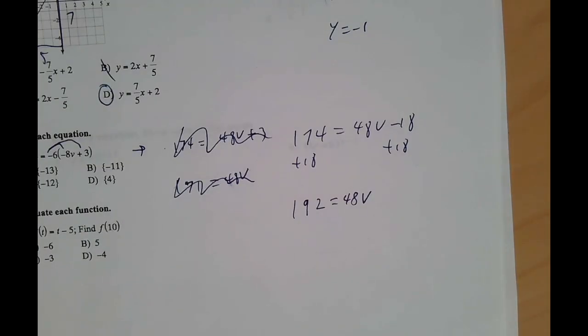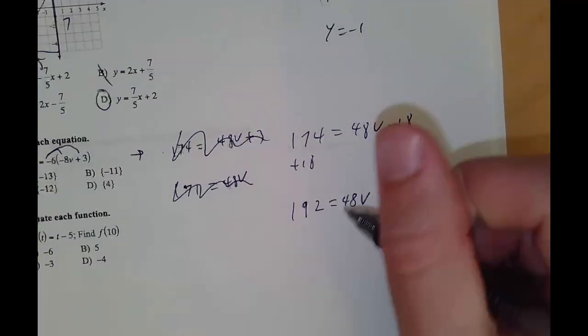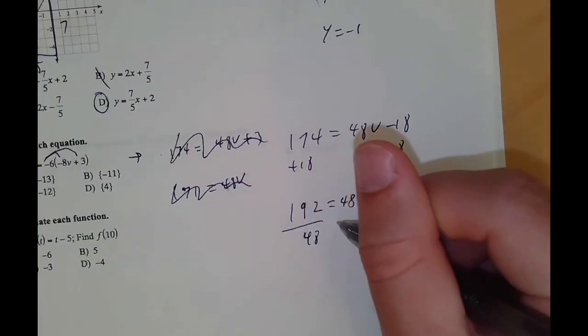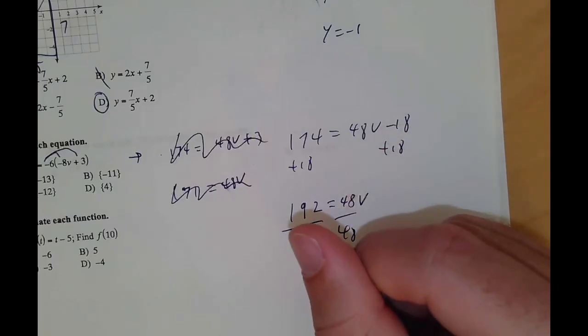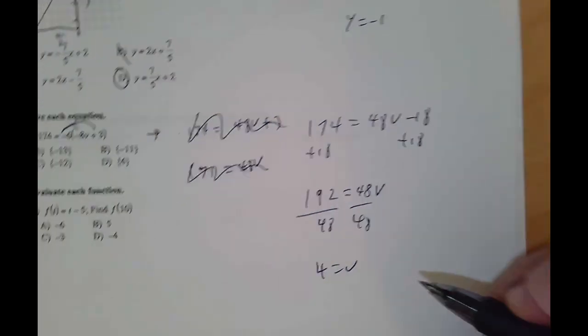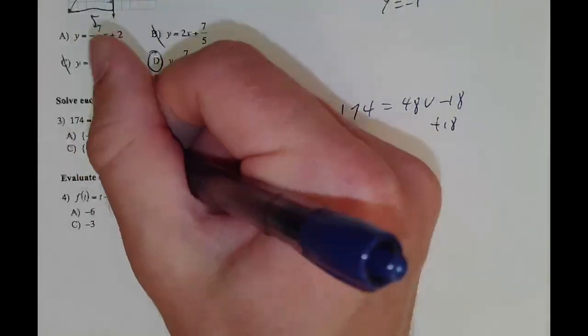I'm going to guess this is 4, but we'll check. 192 divided by 48. 192 divided by 48 is indeed 4. So we divide by 48 both sides. So v equals 4. So it's d.